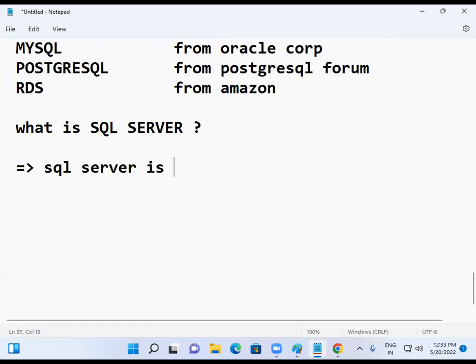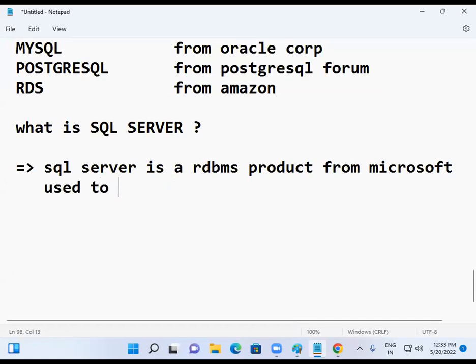SQL Server is an RDBMS product from Microsoft, used to create and manage databases. What is SQL Server used for? SQL Server is used for creating the database and managing the database.